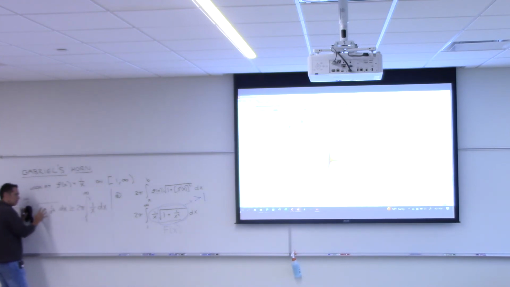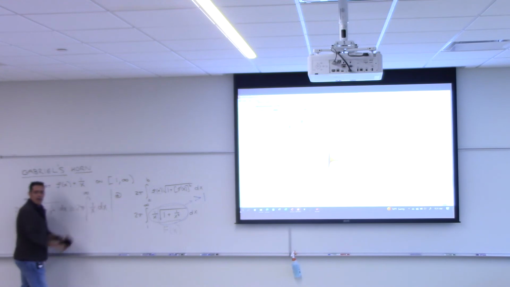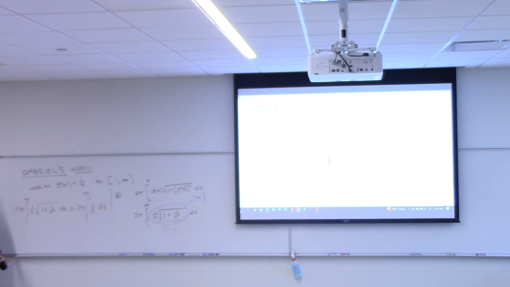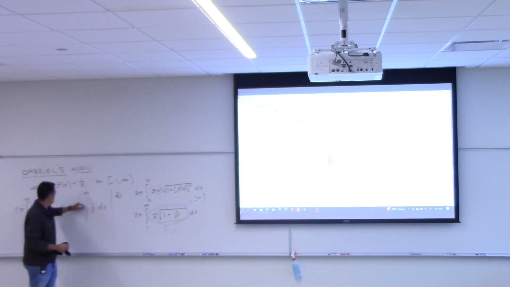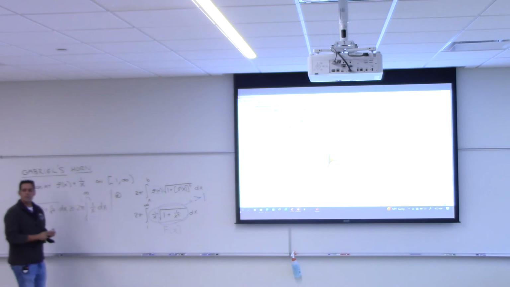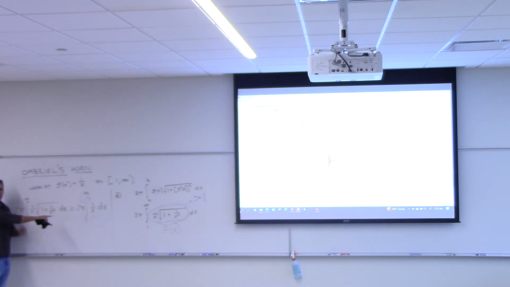So the area under this should be bigger than the area under that. You still buy that? But what's this? Infinity. And so this has to be bigger than or equal to infinity, which means this has to be infinite.